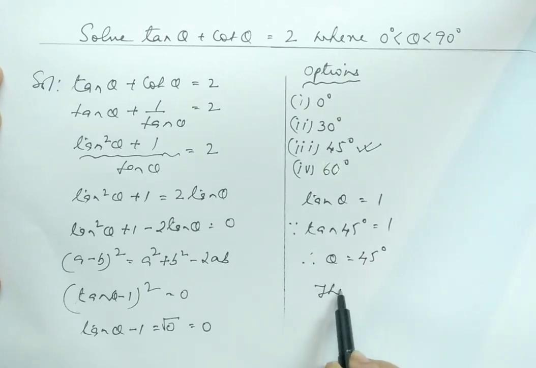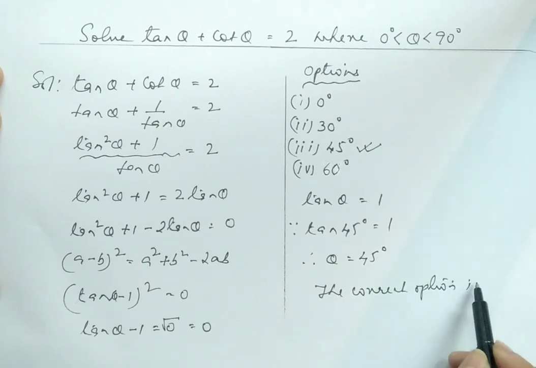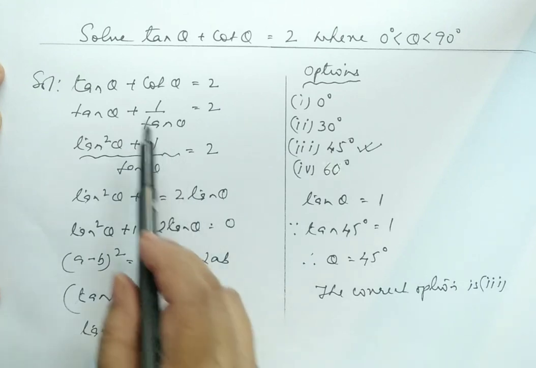So the correct option is 1, 2, 3, that is third option. All right, guys. So as simple as that. So I hope you people have understood.